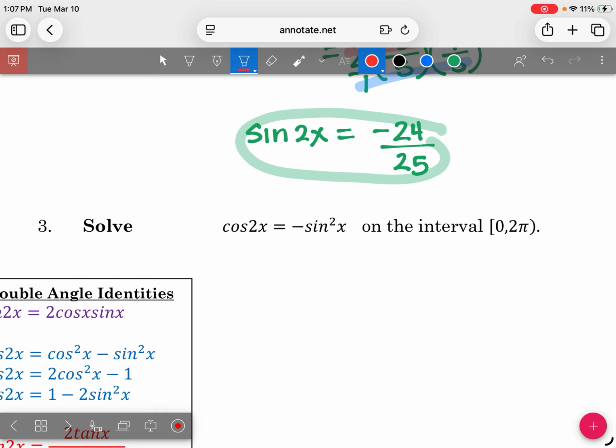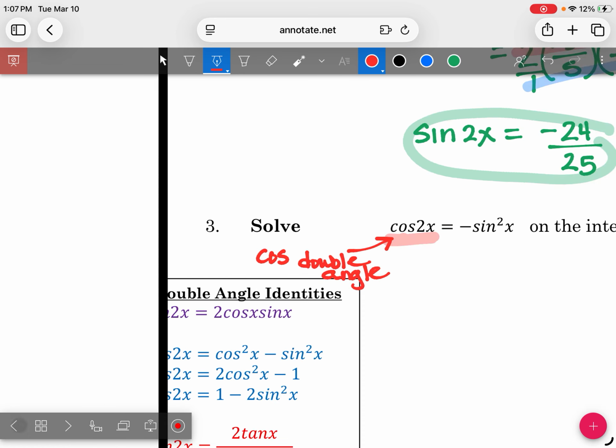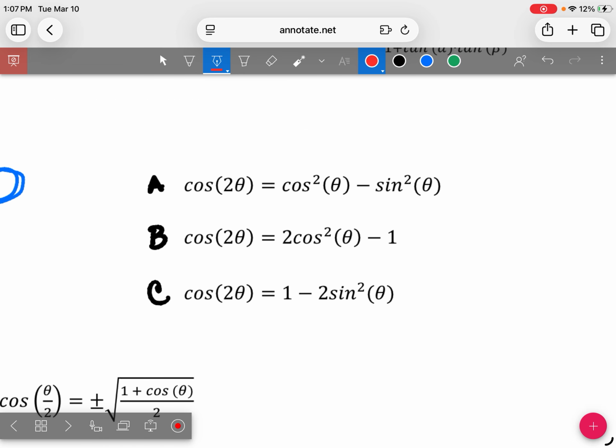So this is a cosine double angle. So we need to make a substitution. Before I can solve this, I need to make a substitution. So looking at your formula sheet, remember cosine double angle has 3 choices.